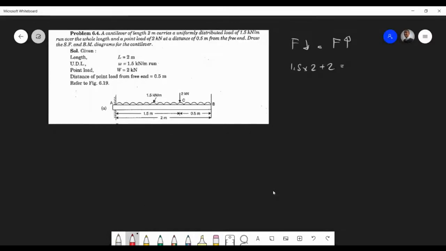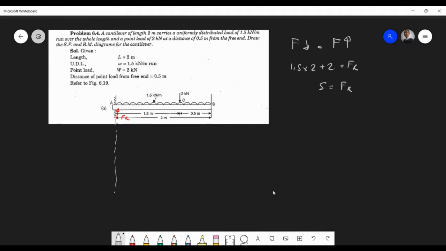And we're assuming the reaction FR is upwards to balance those forces. So 1.5 times 2 plus 2 gives us 5. That's definitely correct. So the reaction at the wall is 5 kilonewtons.